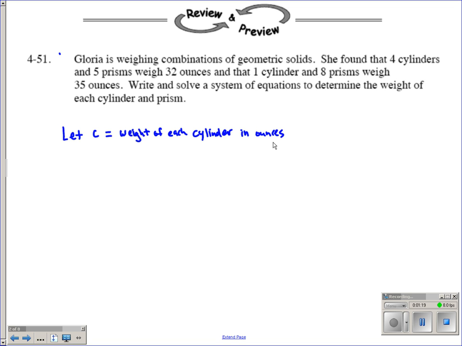I like to put the units in there so I don't forget. And let's use P then for the weight of a prism. So let P equal the weight of each prism in ounces.